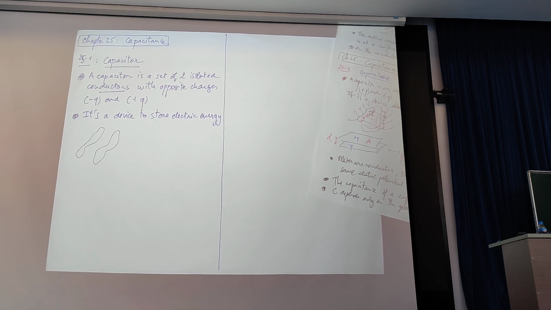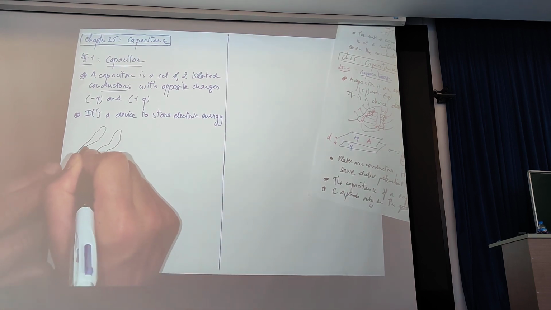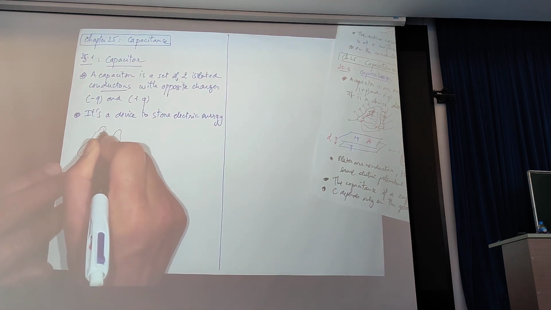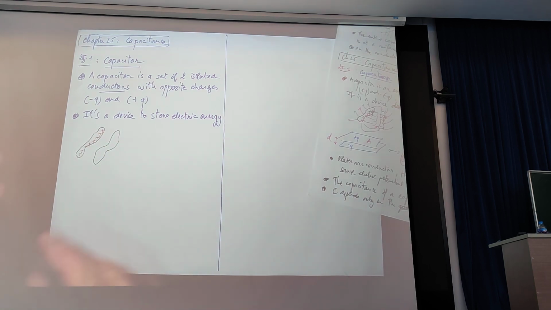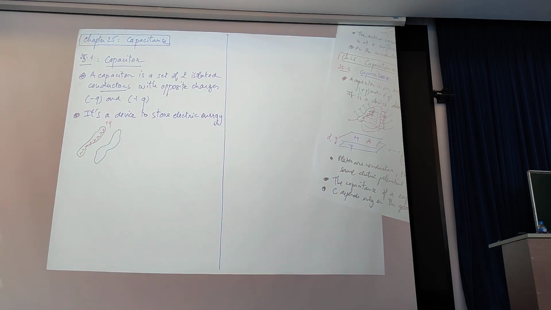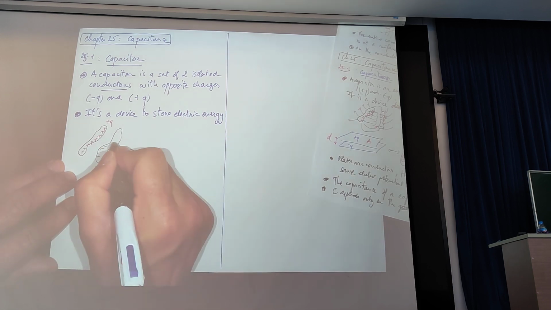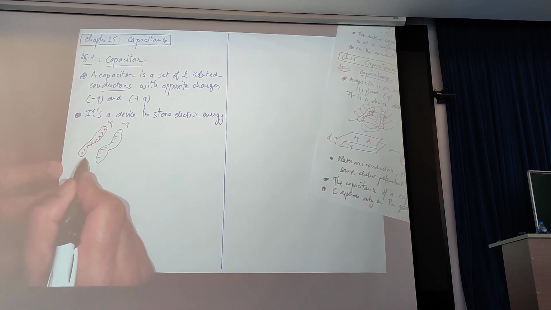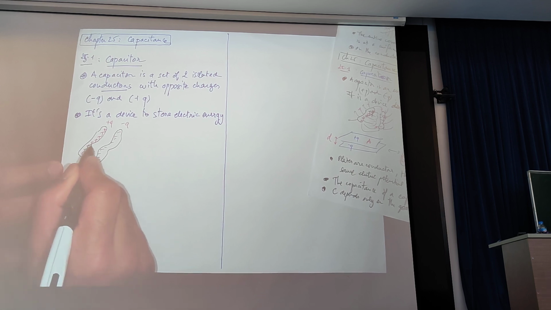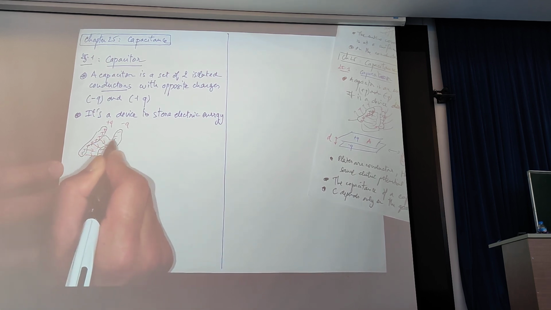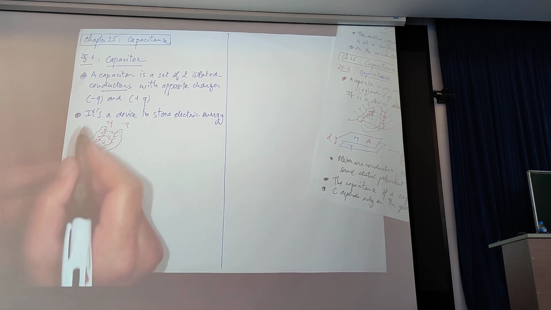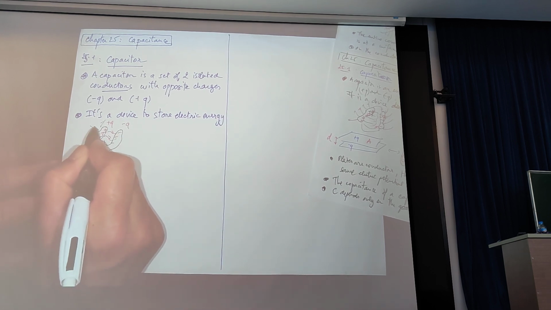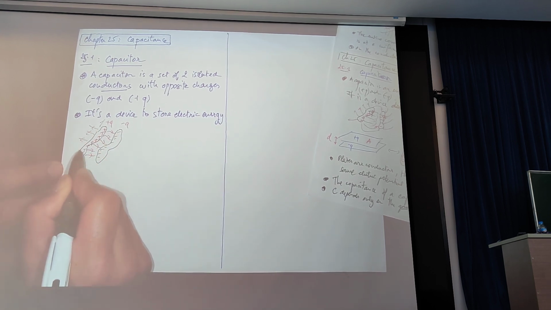On one conductor there is a charge plus Q, and on the other one there is a charge minus Q. And of course, in between the two conductors there is an electric field going from the plus charge to the minus charge.